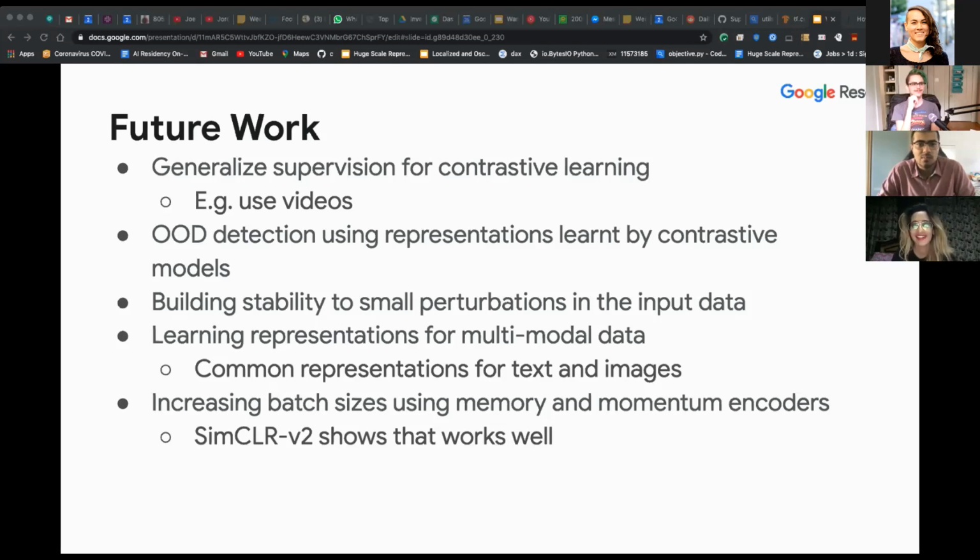Cool. Someone else in the comments asked, could you talk more about the augmentation techniques that you tried, and what makes supervised contrastive learning stable to these augmentations more so than other methods? Right. Let me try and pull out something.